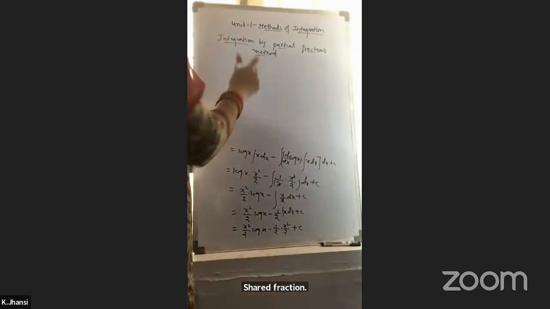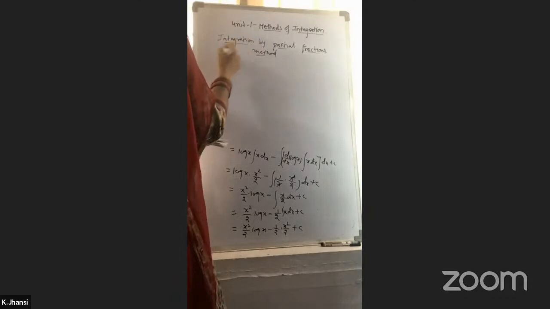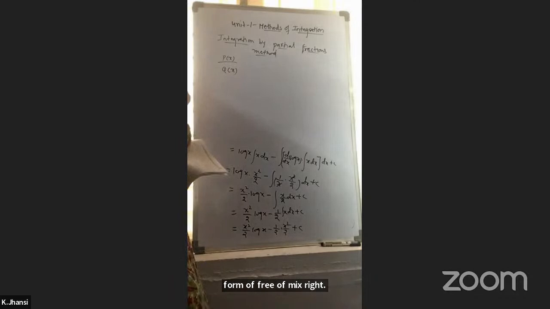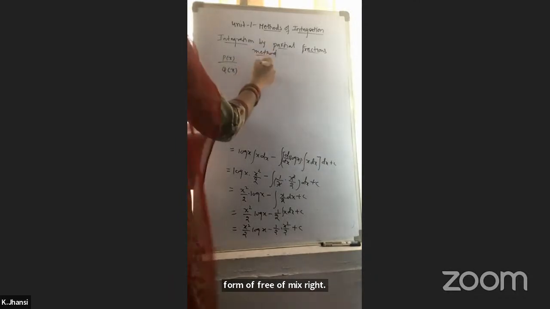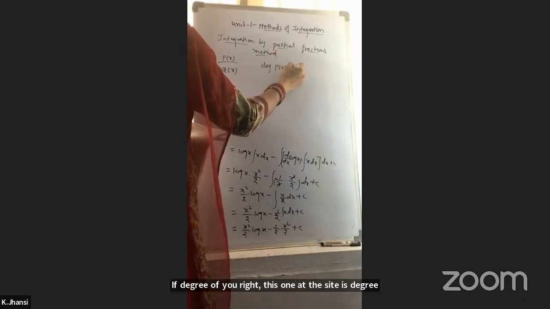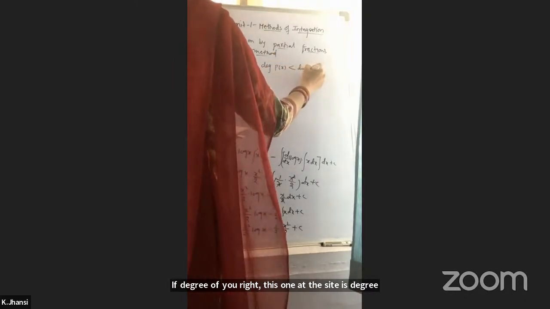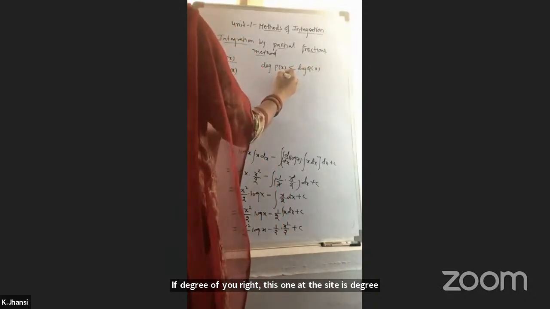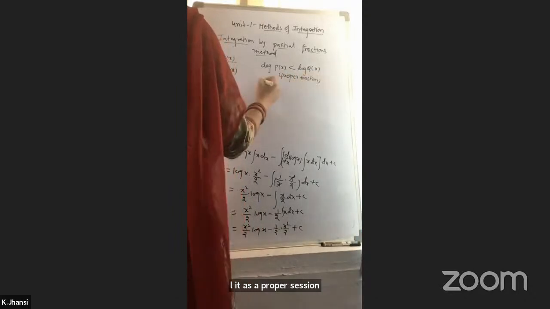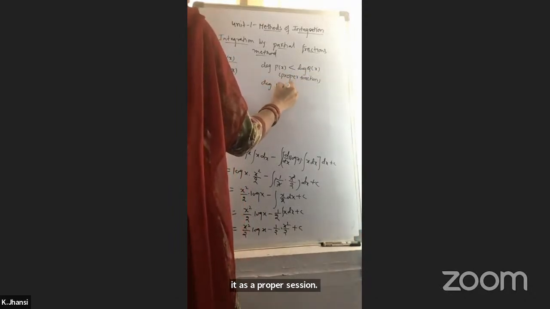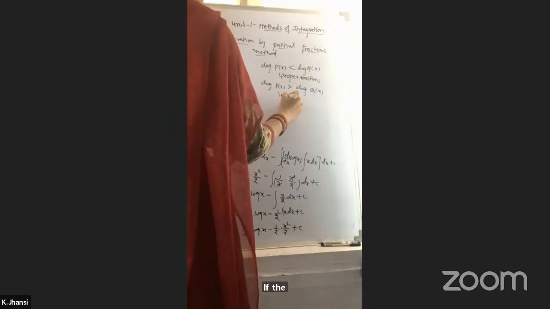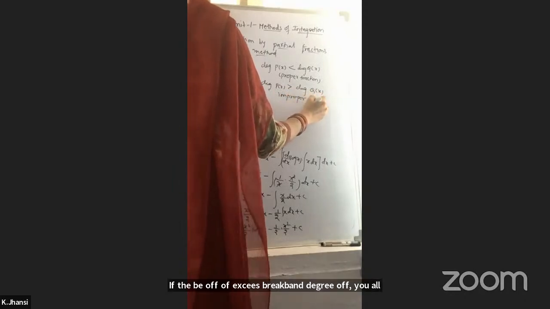And here you know that the partial fraction will be in the form of p of x by q of x, that is a numerator and denominator. You write this at the side: if degree of p of x is less than degree of q of x, we call it a proper fraction. If degree of p of x is greater than degree of q of x, then we call it an improper fraction.